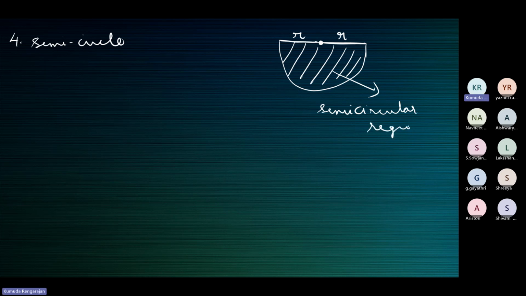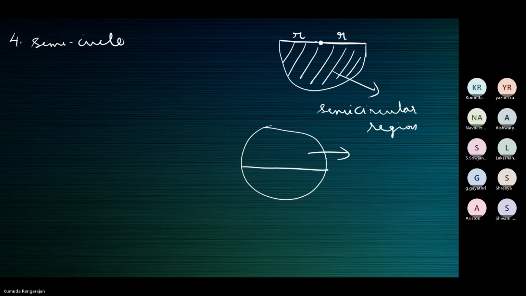The entire thing, the whole thing, is a semicircular region. Semicircle, because it is half of a circle. Each half is called a semicircular region, or simply semicircle. Actually, it is a semicircular region, but we say semicircle.